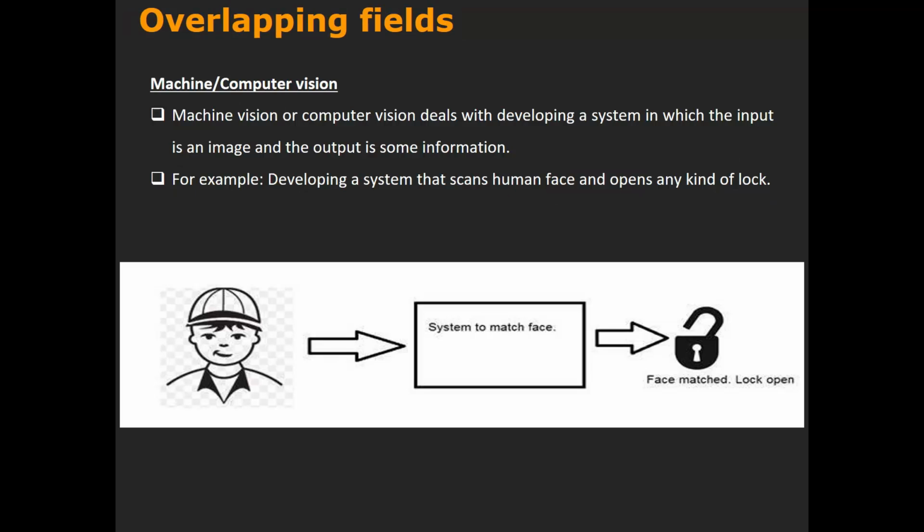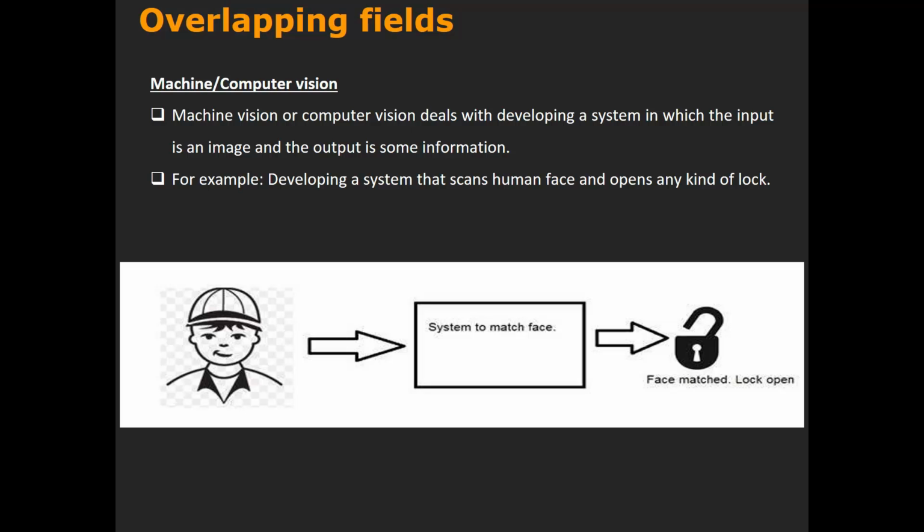There is an overlapping field between digital image processing and computer vision or machine vision. Machine vision or computer vision deals with developing a system in which the input is an image and the output is some information. For example, if there are n number of students and we train a system that will recognize those students from their faces, that is a part of computer vision.